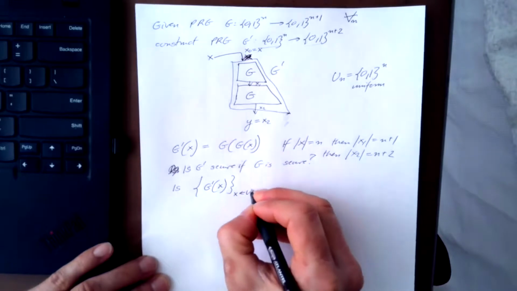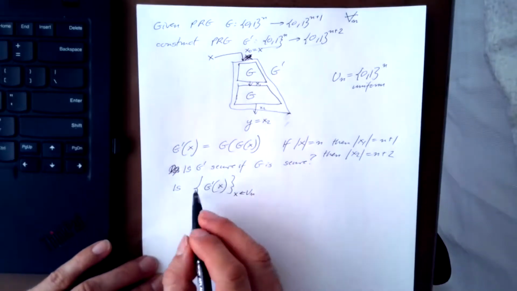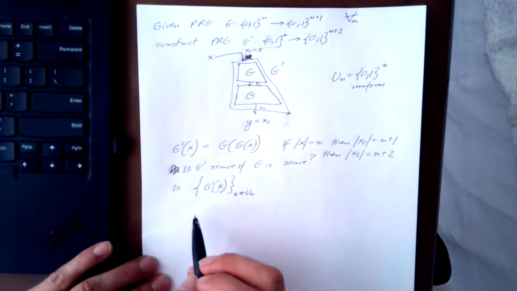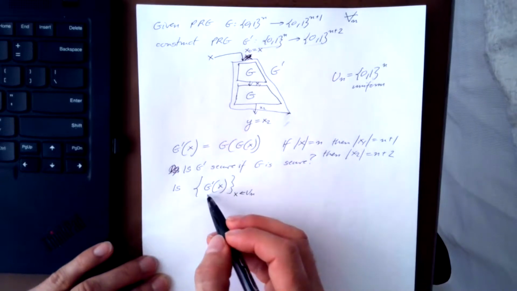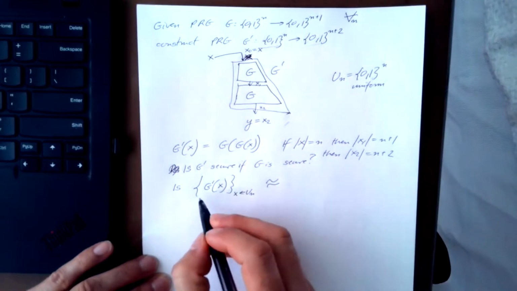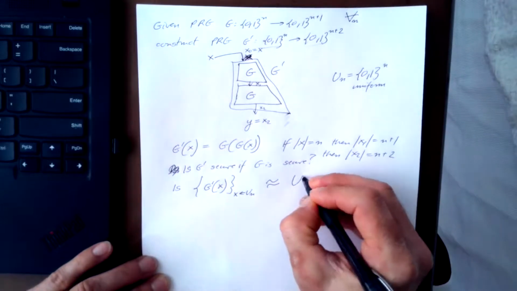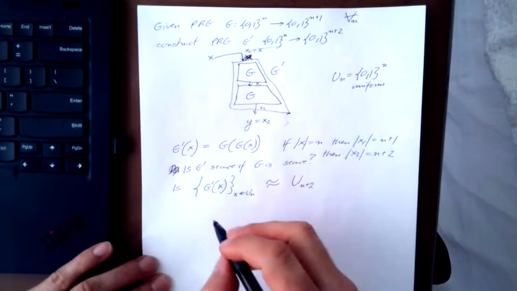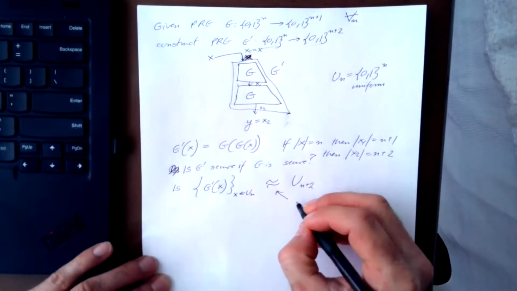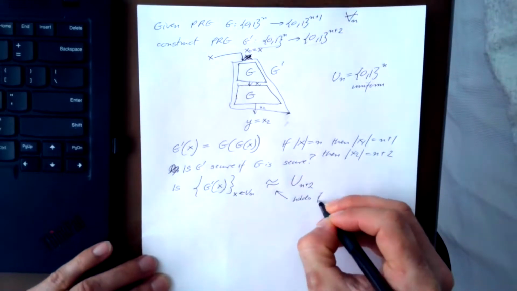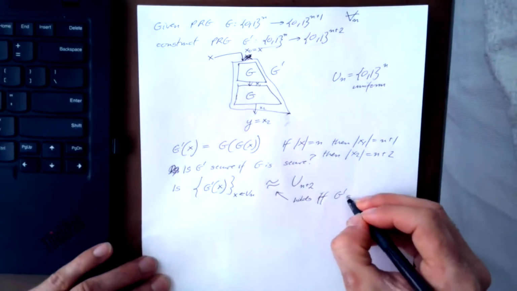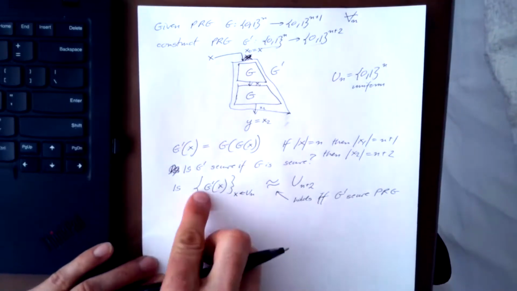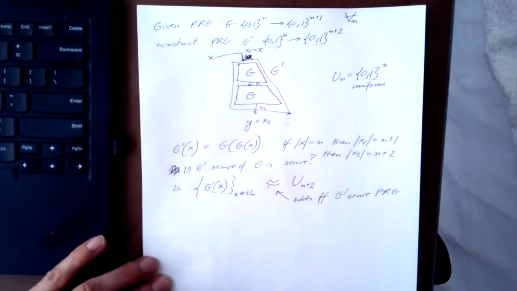So for x that came from Un, these are the outputs of the PRG G prime. And we want to test whether G prime is secure. This is the same question as, is this distribution indistinguishable from U n plus 2? This holds if and only if G prime is a secure PRG, right? So to say that G prime is a secure PRG is to say exactly this.